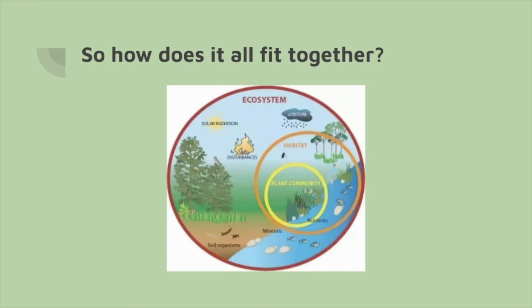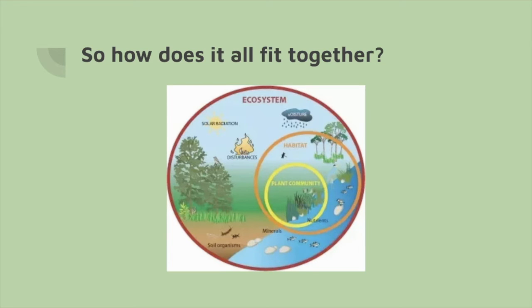So how does this all fit together? We've talked about habitats, and we know that a habitat is a place where an individual plant or animal will live so that they can collect their resources and survive. And then we know that an ecosystem is made up of a bunch of different habitats combined with all of the non-living things that would be there, such as the rocks and the soil and the type of weather that you would encounter there.